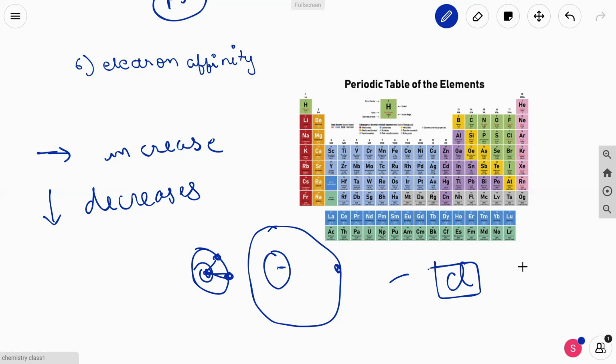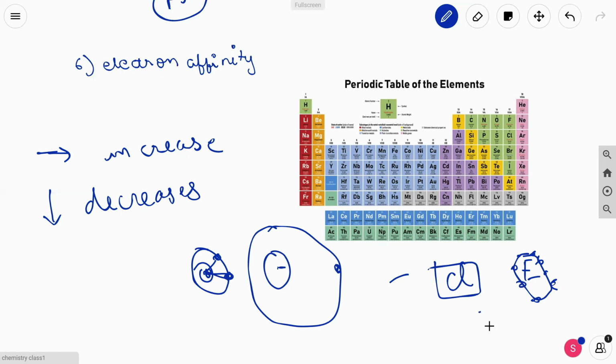Fluorine is a very small atom, so there are many electrons around it. When you add one extra electron, the repulsion from the other electrons overcomes the nuclear attraction, so you need more energy to put it in. It's like wanting to enter a room while someone is pushing you back, so you need more force to go inside.